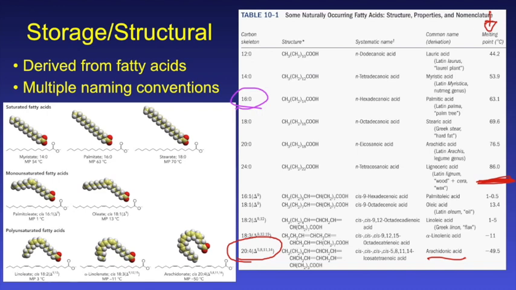If it's a straight chain, they can all pack very close together. If there is an unsaturation in a biological system, you get a kink or a bend, and so they cannot pack very well. Now, the unsaturation of a double bond can be in 2 forms, cis or trans.